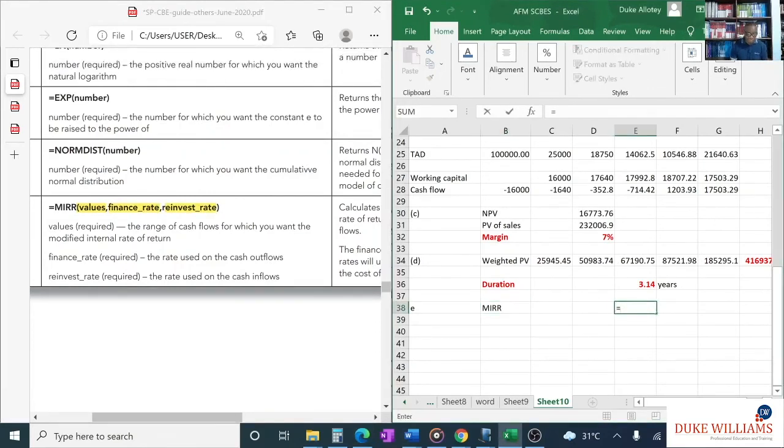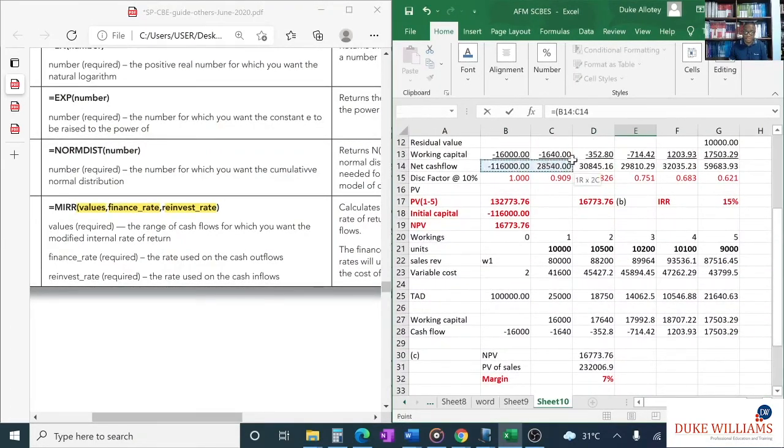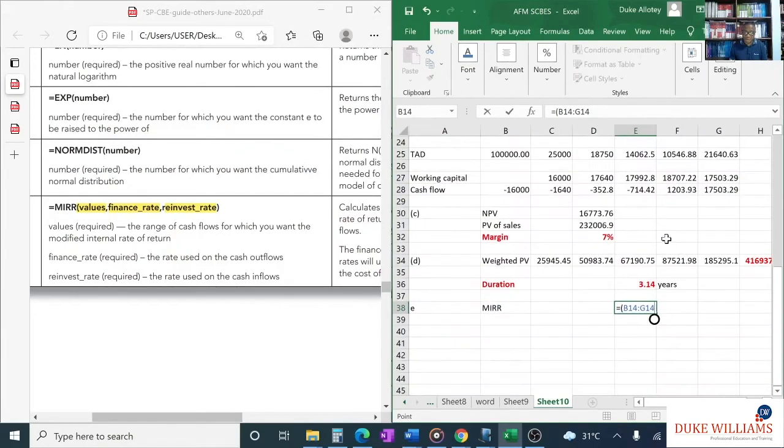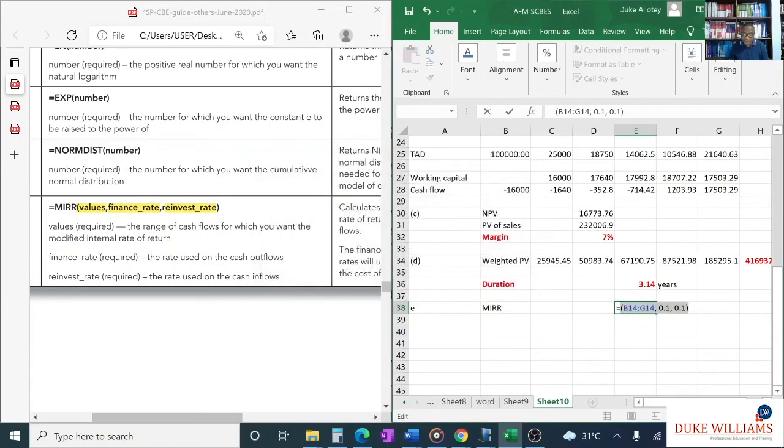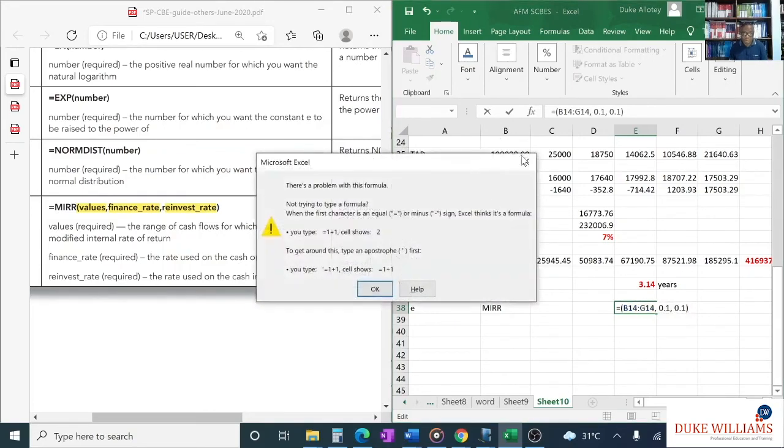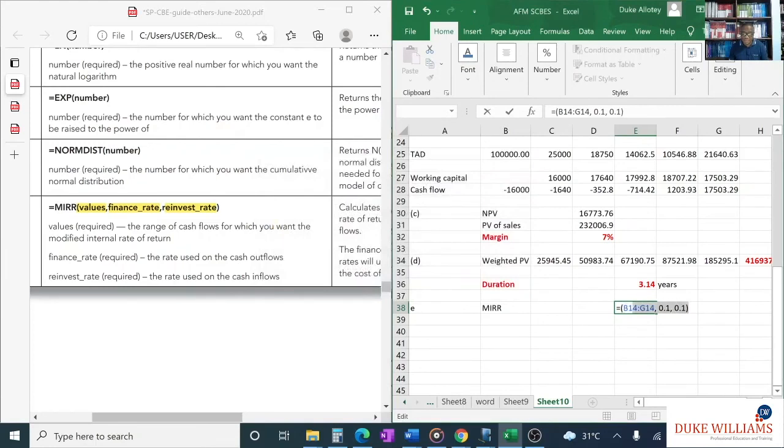So we come here and say equal to, I'm picking cash flows from year 0 to that, comma, then 10% discount rate, comma, 10% reinvestment rate, and, oops, what did I do wrong? Oh, I didn't type the MIRR. So I have IRR.